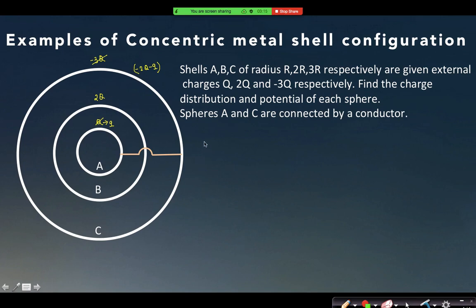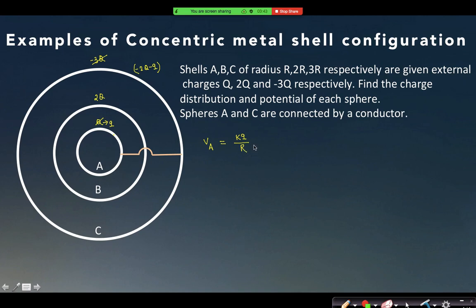In this way, if I have to write the potential of shell A, then use the superposition principle. For shell A itself, what will be the potential at that point? Is it kq by r only? Plus, what is the potential at any point on the shell, due to that 2Q charge, which is an inside point of the 2Q shell?